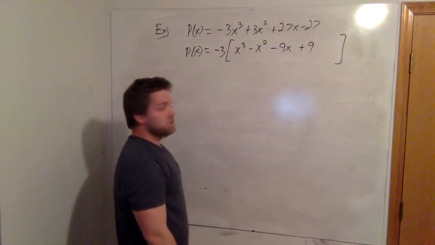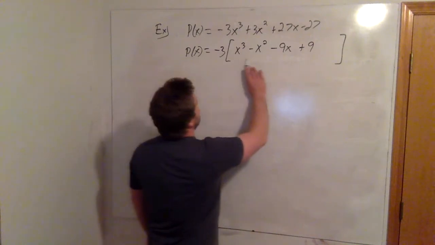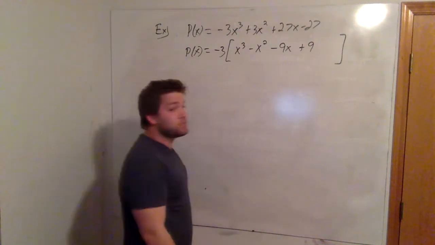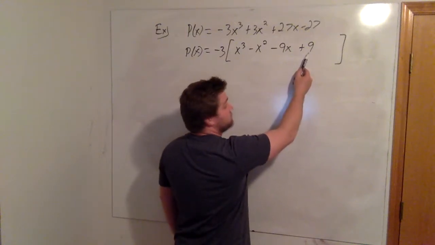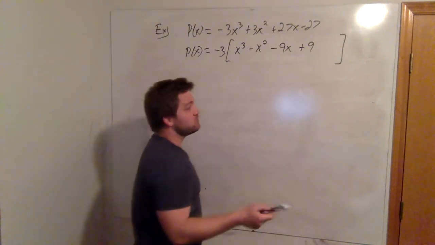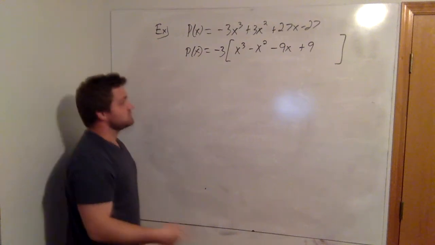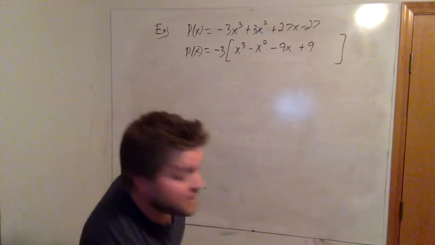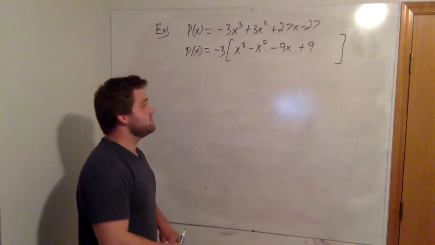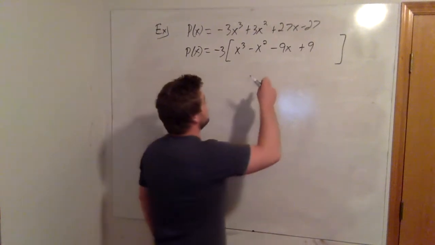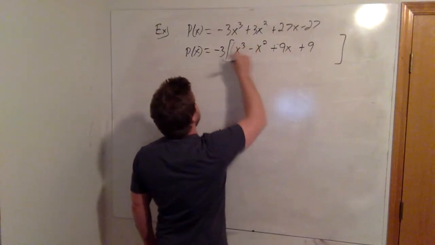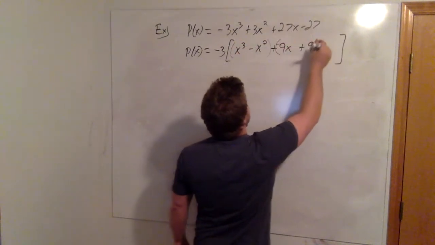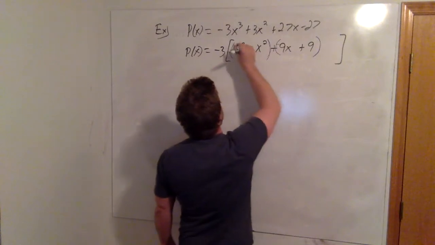Now I need to factor this polynomial. You could try to use the rational roots theorem to figure out the possible candidates: the factors of 9, so you'd want to check plus or minus 1, plus or minus 3, plus or minus 9. But I'm noticing that I have 4 terms, so I'm first going to see if factoring by grouping is going to work. I'm always going to start with plus the opposite. I'm going to put these in parentheses, and in each set of parentheses, I'm going to factor out the greatest common factor.